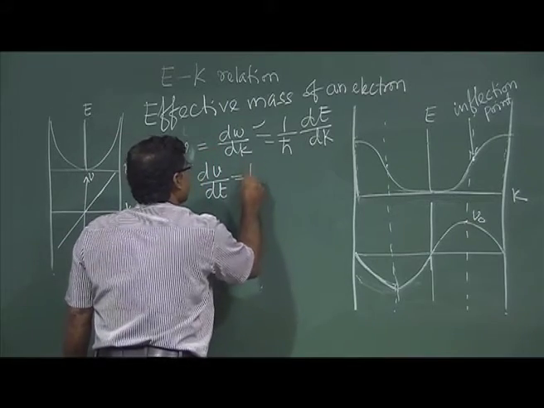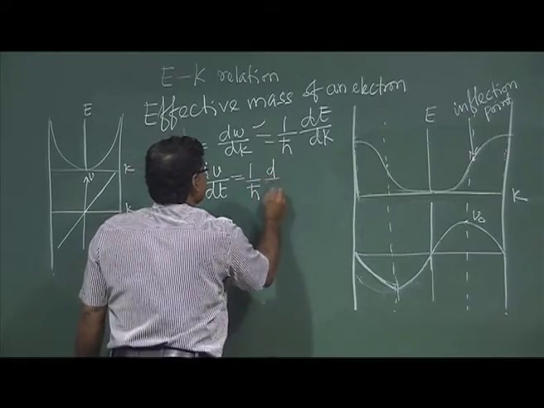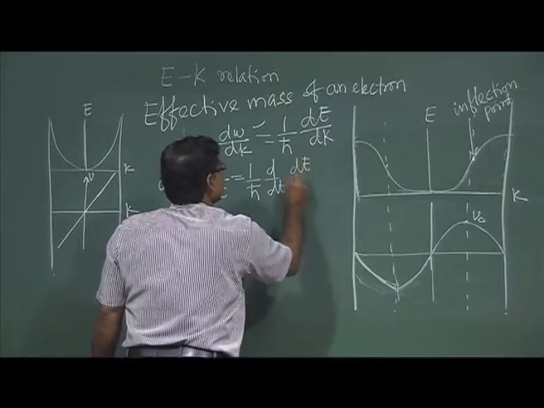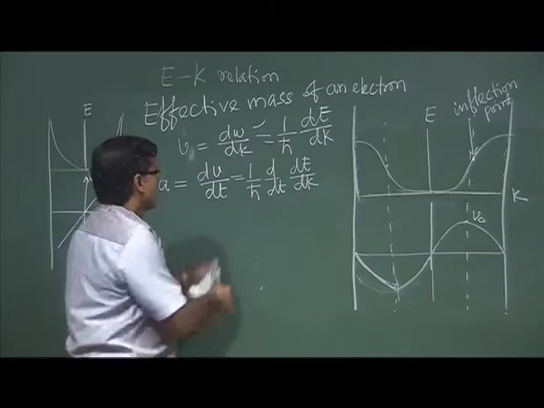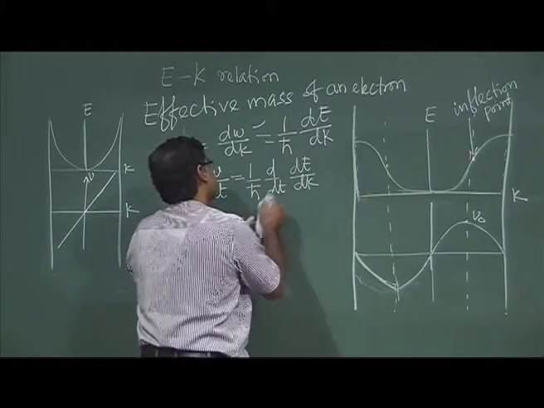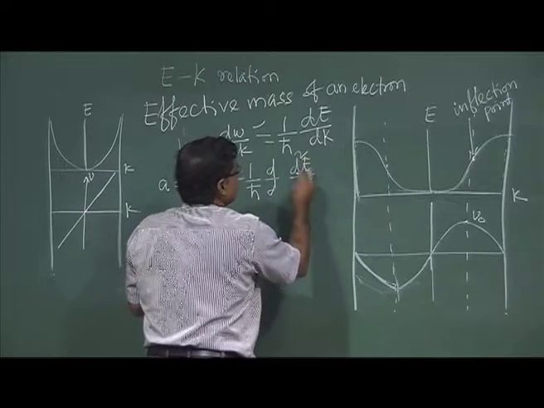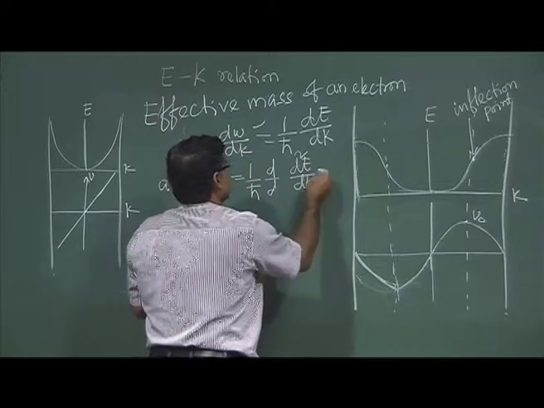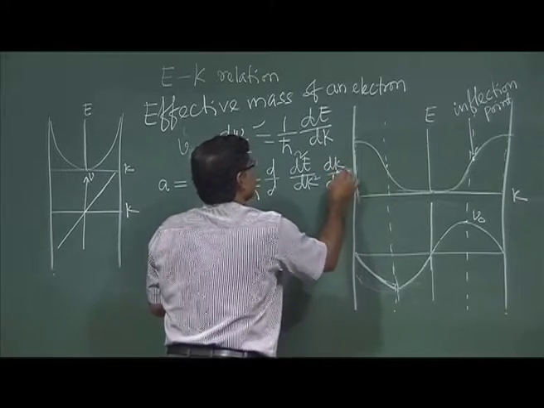So, when it is in the lattice, or in general, the velocity is this. So, I can write 1 by h cross d by dt of dE by dk, right. Here I can write d2E by dk square, then dk by dt.